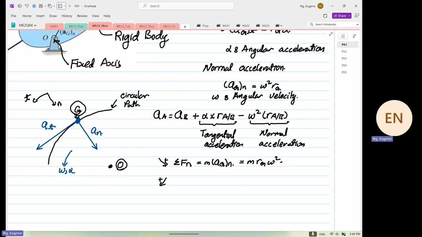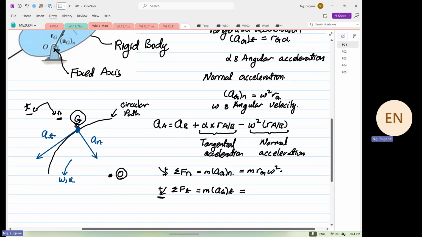And I want you to take note that what is positive is dependent on your transformation. Okay. So summation of forces in the tangential direction is equal to m a_Gt, and I have written down that this is equal to m r_G alpha.